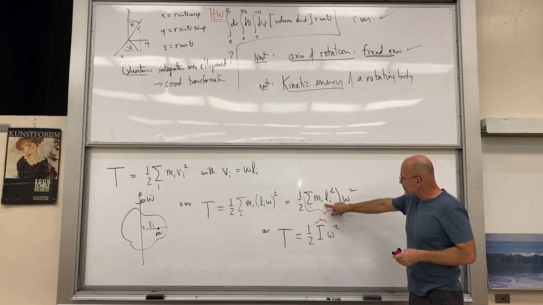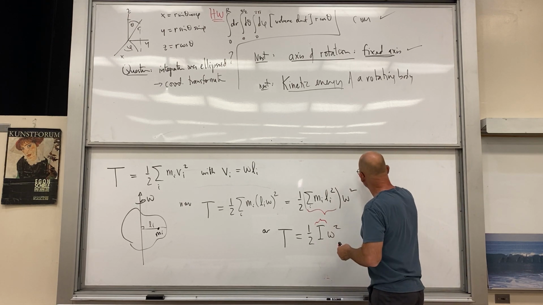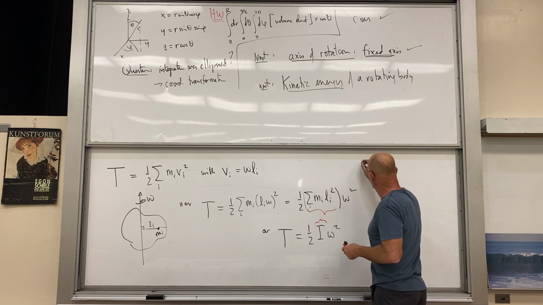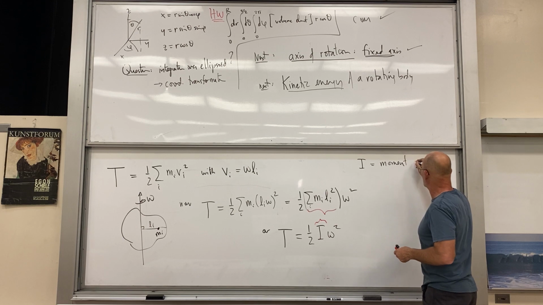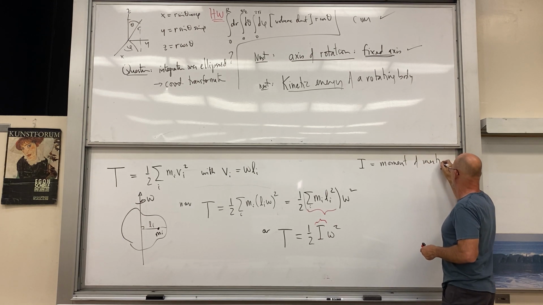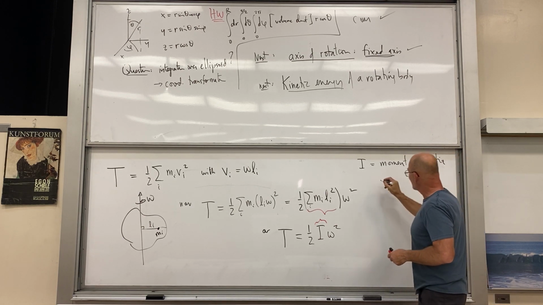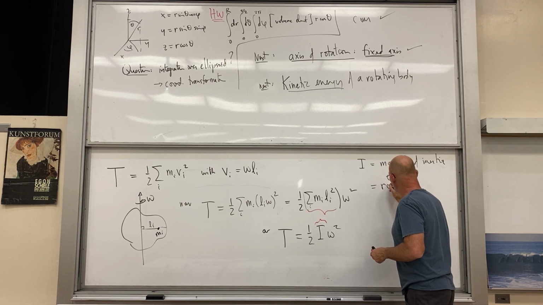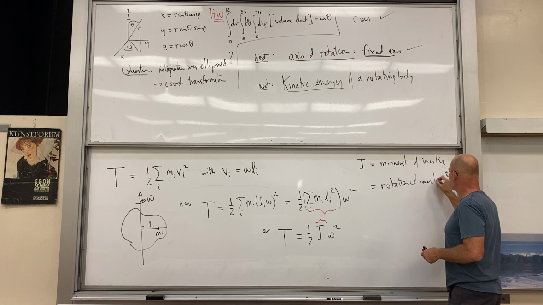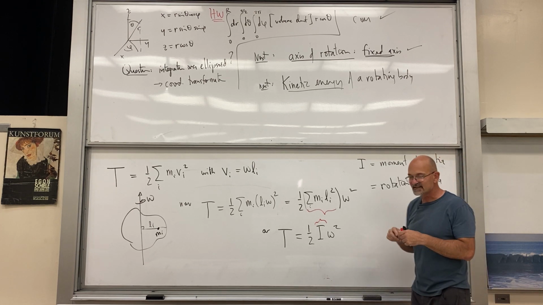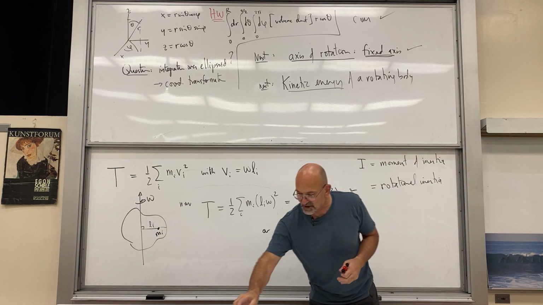And this is rotational inertia. I'm going to put both of these terms down. Of course, that's called the moment of inertia. But it should just as well be referred to as rotational inertia because it's the resistance to the change of state of rotation.